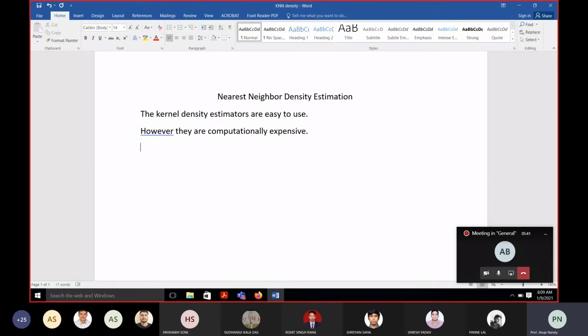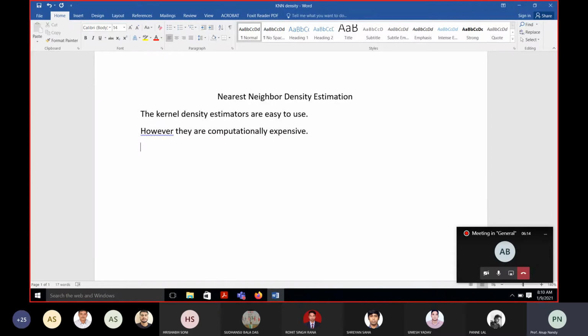But if you have simply two distributions, and you know a priori that these distributions strictly follow the Gaussian, and you are considering two classes, where n1 samples come from class 1 and n2 samples come from class 2, both following the Gaussian distribution, then it will be very easy to compute. The computation will be much less if you know the class conditional density is Gaussian a priori and the model fits this data.